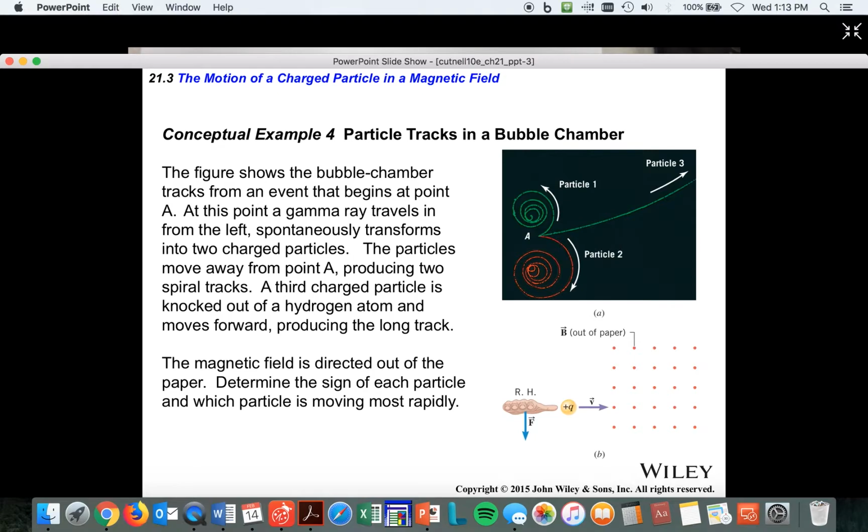But we're going to assume all of the charges have the same mass. If it's coming at us, the force is going down, so A is negative, B is positively charged. Particle 2 is a little bit fat. Particle 3 is the fastest one.